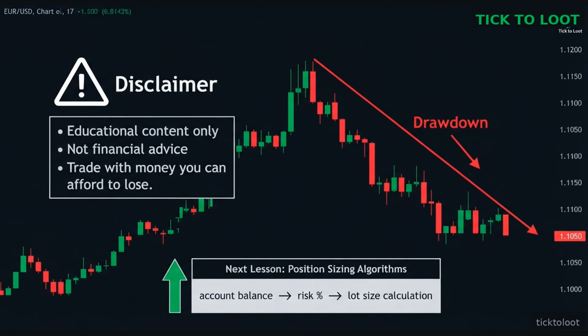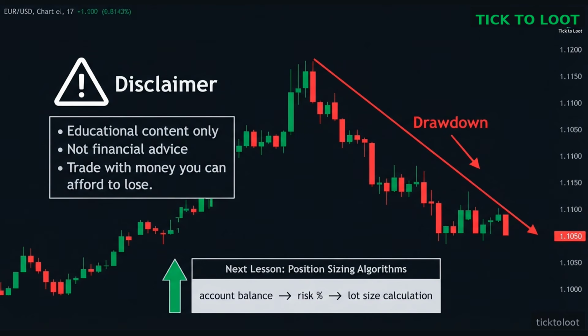First, everything we discuss on Tick to Loot is educational content meant to help you understand the concepts behind Forex and algorithmic trading. It is not financial advice, and it does not constitute a recommendation to buy, sell, or hold any currency pair, such as euro to US dollar, pound sterling to Japanese yen, or any other instrument.